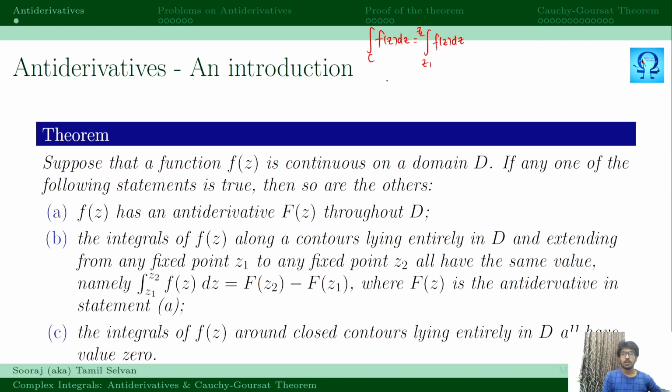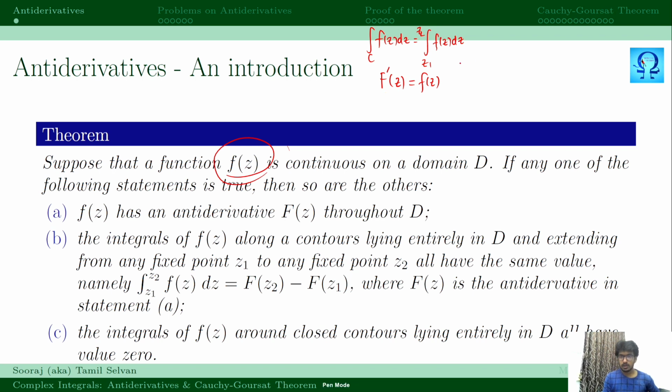So if you are able to, for any given continuous function f of z, identify some function big F of z such that the derivative of this big F of z is small f of z, this big F of z is called the antiderivative of f of z.